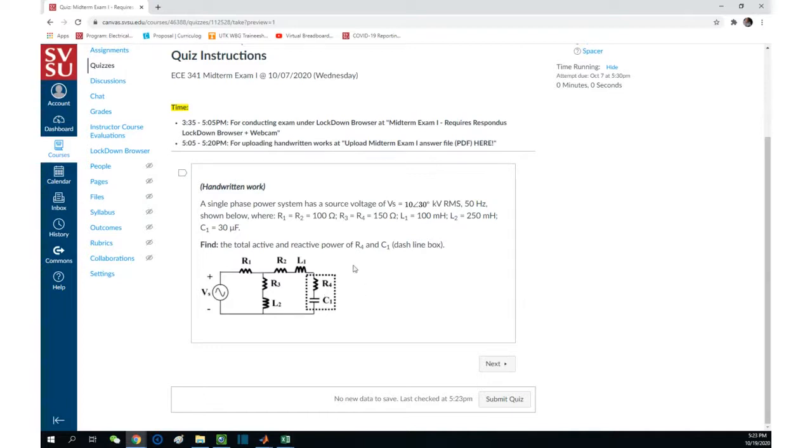So you can find the power here. Compared to quiz 1, the only difference is the connection. The idea remains the same. Also, here we are not taking care of any power factor correction. So this is problem 1.